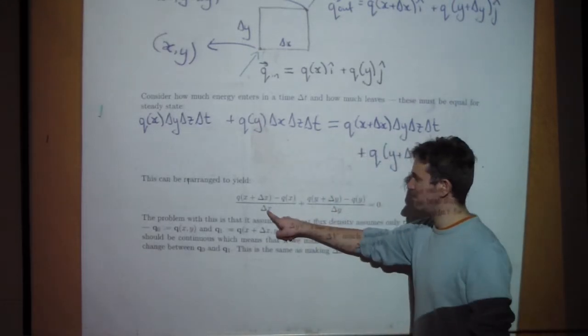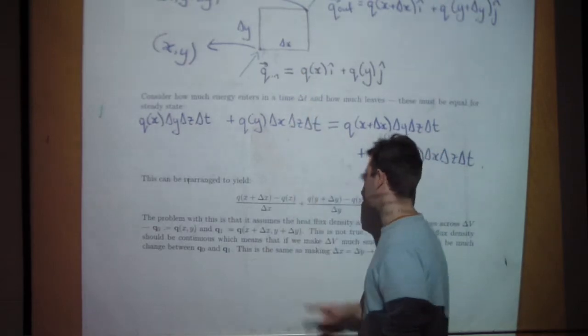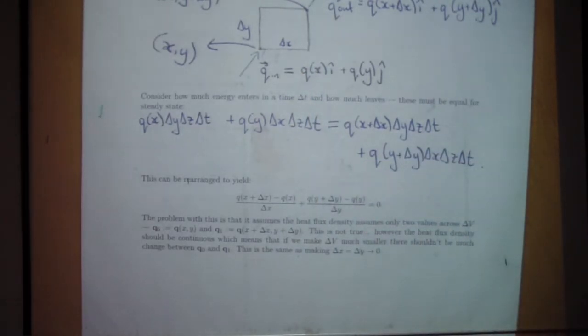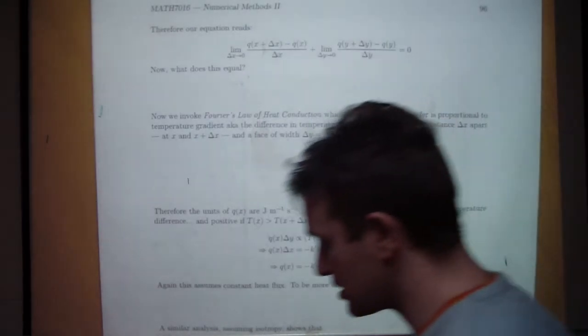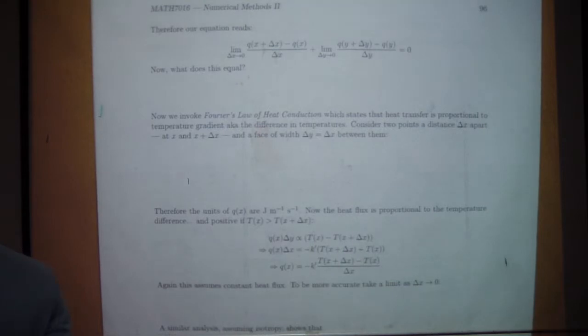This is the same as making delta x small and delta y small, and here I mean mathematically small, in the sense of the limit as they go to 0. So we end up with this. This is a more accurate thing. It's still only using two values if we think about it, but it is far more accurate. You can be convinced of this completely. This is a derivation. It's not a perfect mathematical one, but it's pretty good.